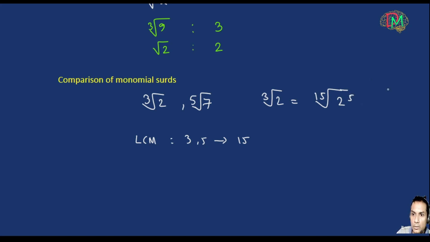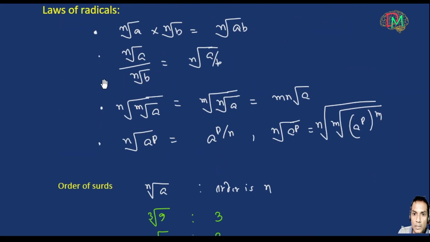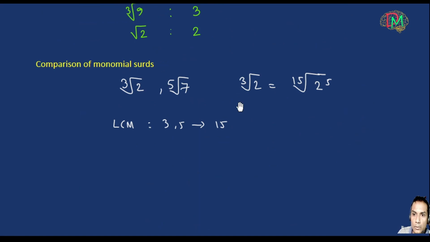Why? Because this rule we can apply. If we multiply the order by something, then you have to raise the radicand to that power. For example, suppose it is given a, and you multiply the order by m, then you have to do the same thing, a to the power m, and you get the same result.